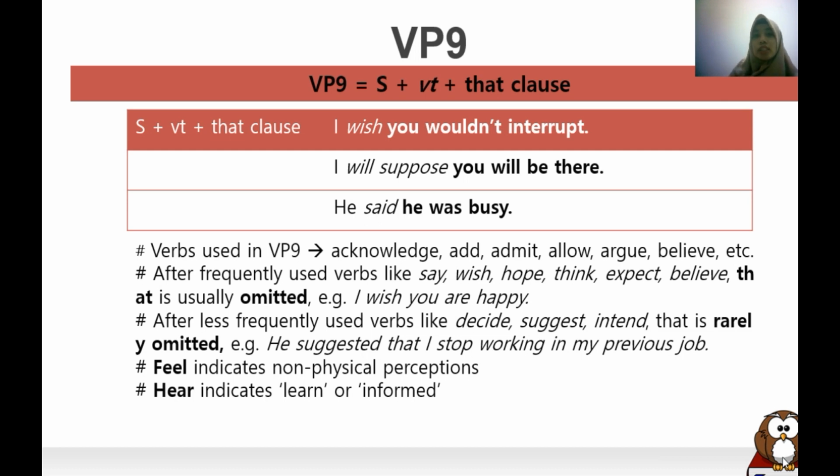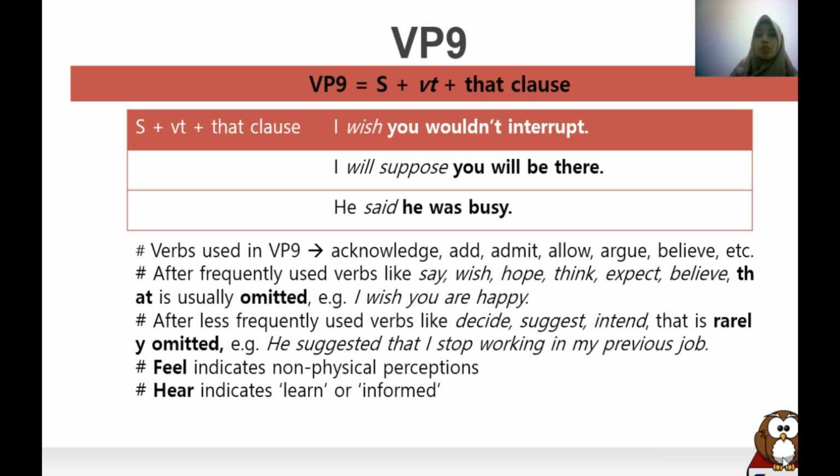So the question is, when should we omit the word that, and when should we use it? Okay, so before that, let me explain first that the verbs usually used with VP9 are like acknowledge, add, admit, allow, argue, believe, and etc. So after frequently used verbs like say, wish, hope, think, expect, and believe, you can omit that.